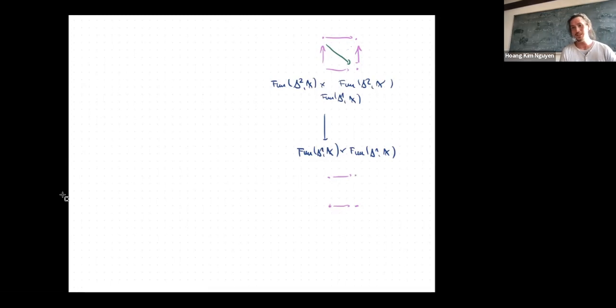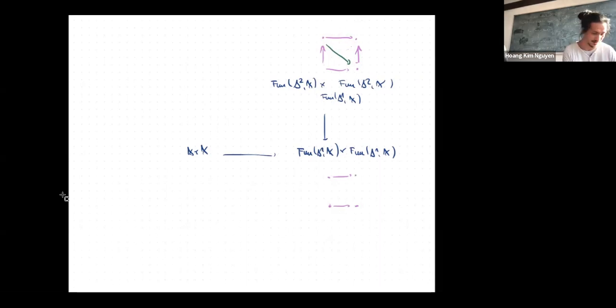So the point is that being a groupoid should be the same thing as having witnesses that you have a left and a right inverse. Here, I just take the diagonals, which cross these two identities, and then what should come out is exactly having a left and a right inverse.